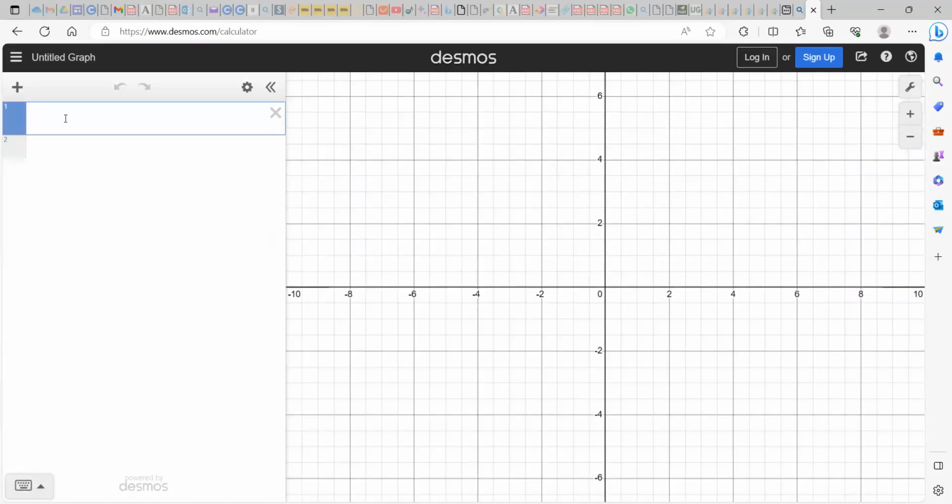So like if you want a sine graph, y equals sine. You can go with theta, or you can go with x. Let's go with x.